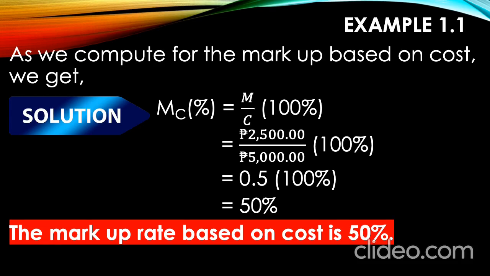Then times 100, we have 50%. So the markup rate based on cost is 50%. Okay. Did you understand, class? Want another example? Okay, let us try the second example.